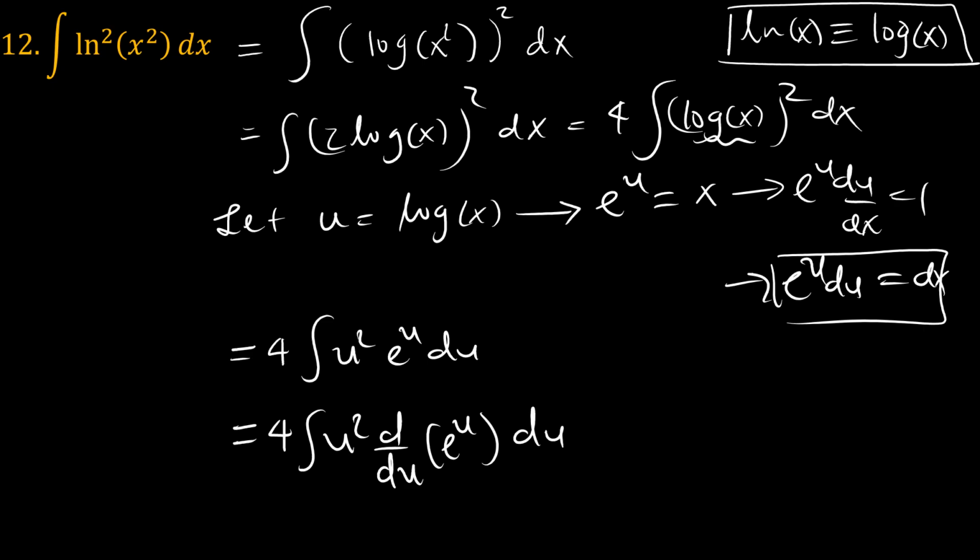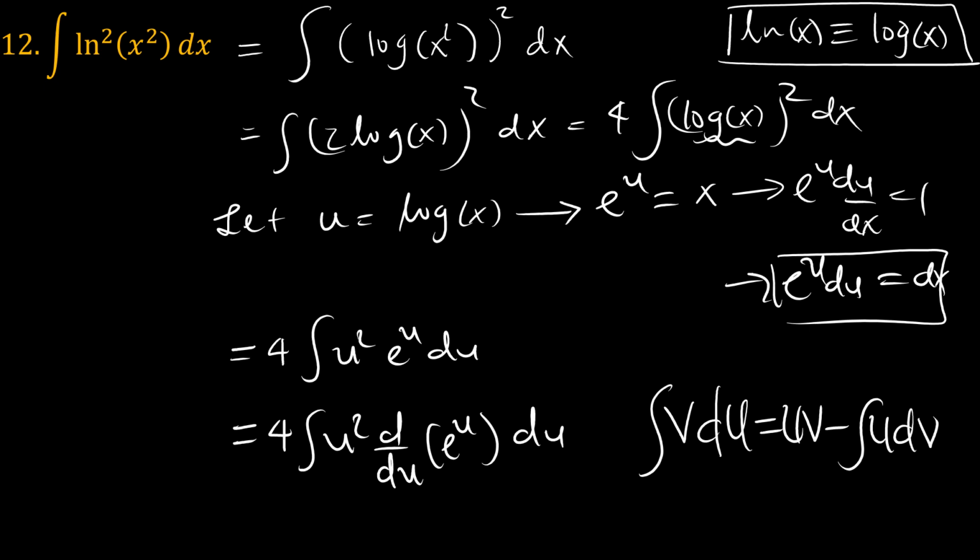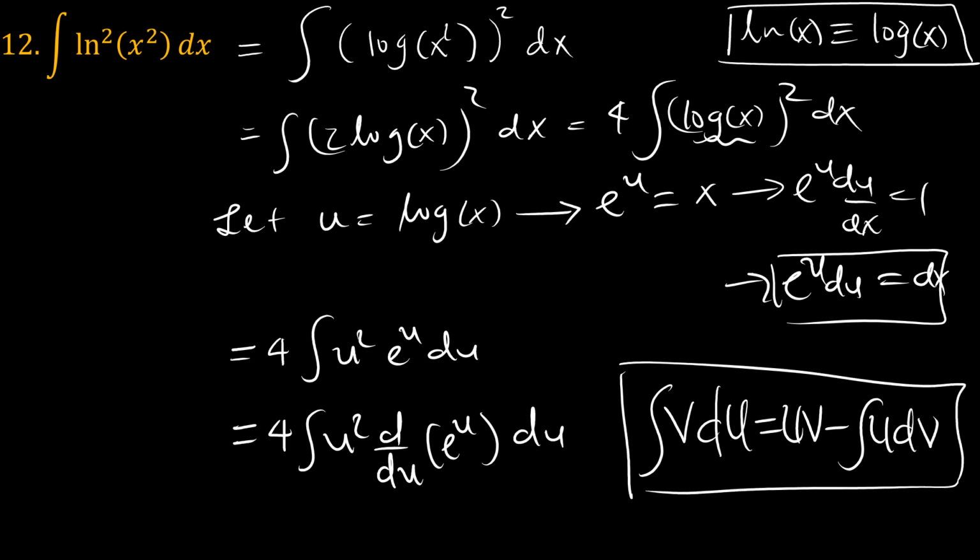So using integration by parts, where if you have a product of a function v and the derivative of a function u, the integral there is u times v minus the integral of v times the derivative of u. Using that, our problem is 4 times u squared e to the u minus the integral of e to the u times the derivative of u squared, which is 2u du.